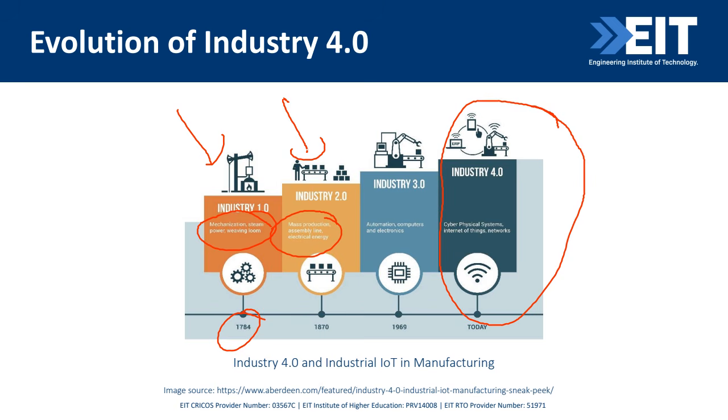In steam, in order to use steam power, if you are only relying on steam, you need to be close to the source of power. So if you want to turn on a machine in the steam power era, the steam generation should be really close to you. With electricity, no longer do I have to be close to the power source. Electricity could be produced in some region and it could be distributed almost everywhere.